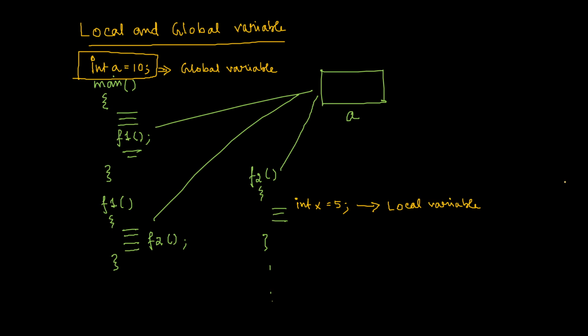Now this local can have several hierarchy. What does it mean? Let's see. Suppose I'm writing a very simple program, say main, int a equal to 10.